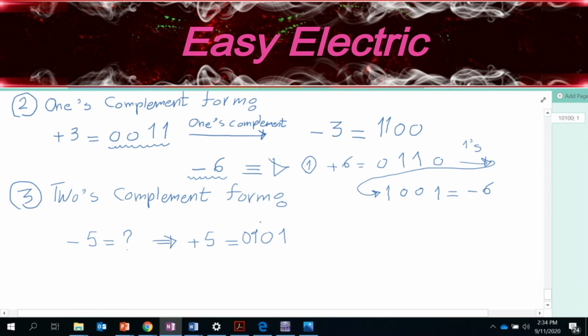This is 1, this is 2, this is 4, and this is 8. So this is 4 plus 1, which is 5.